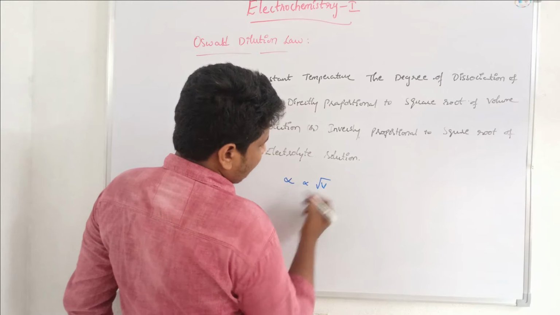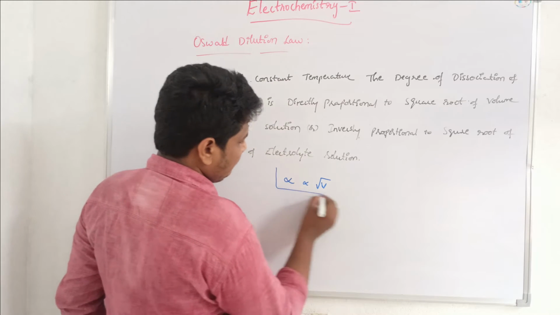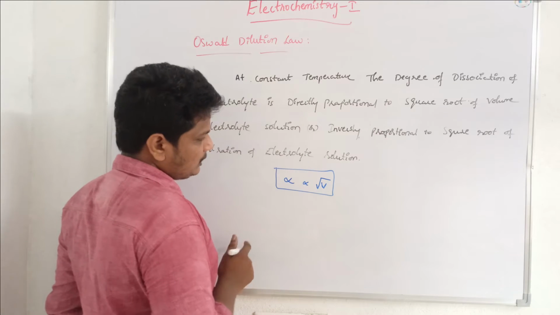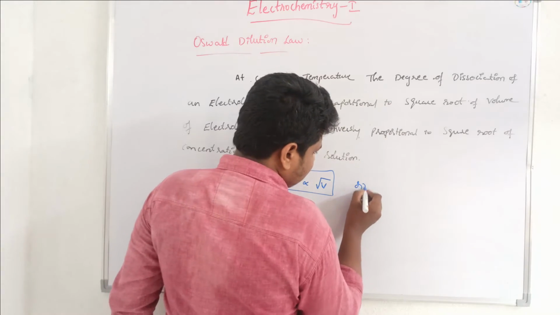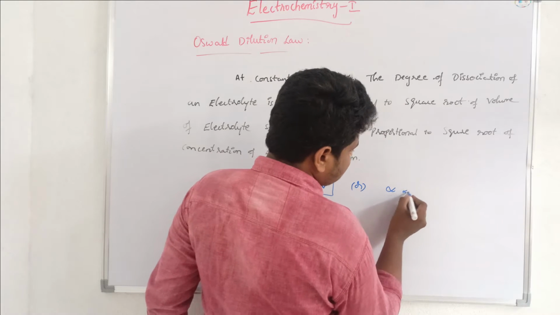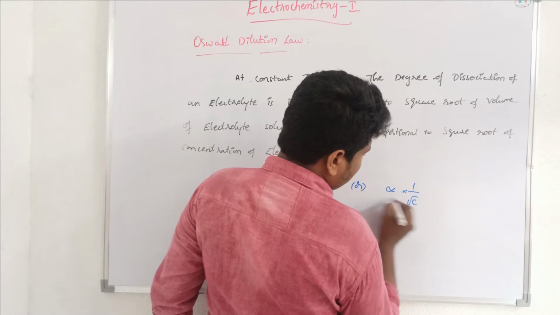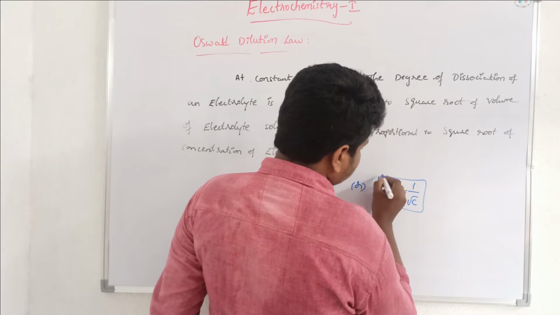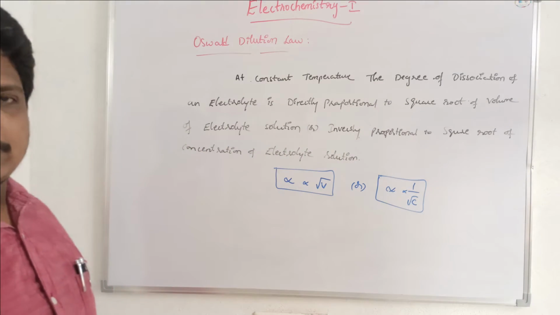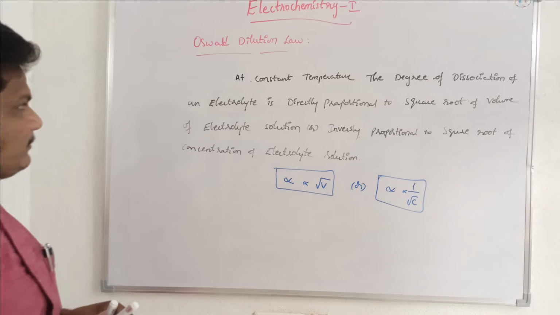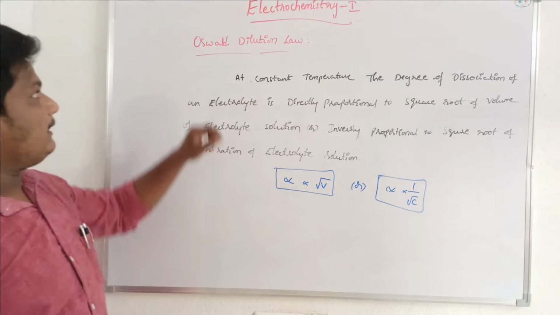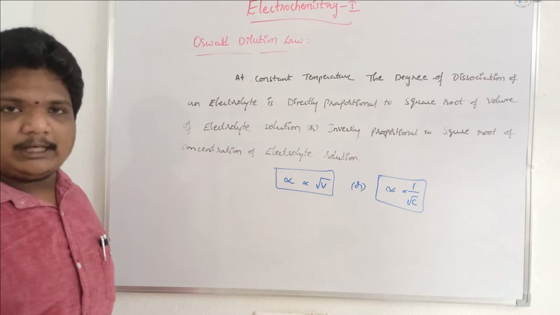This is one form of representation of the Ostwald dilution law. And another one is that this alpha is inversely proportional to the square root of the concentration of the electrolyte solution. These are the two statements derived from the Ostwald dilution law.